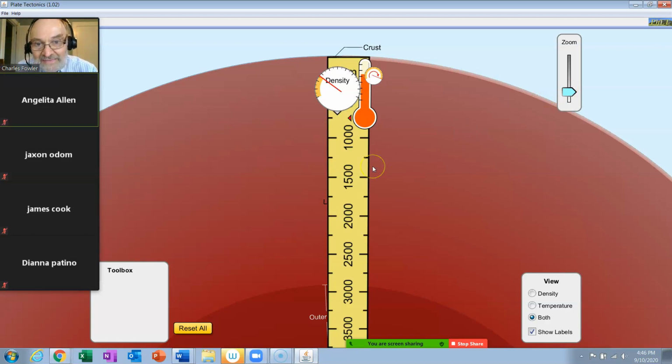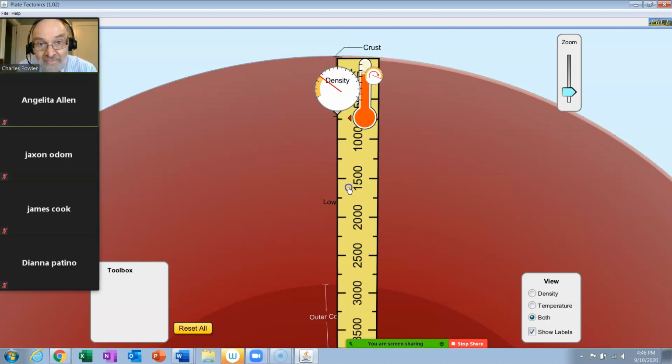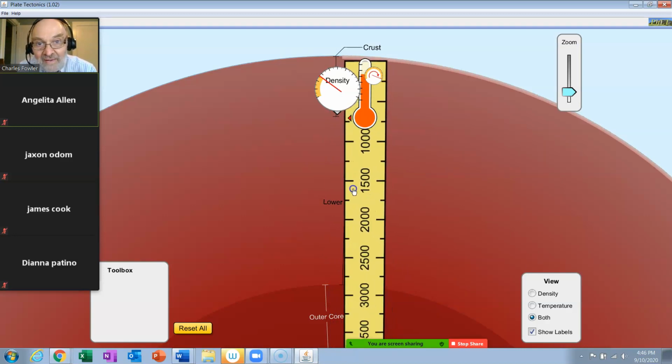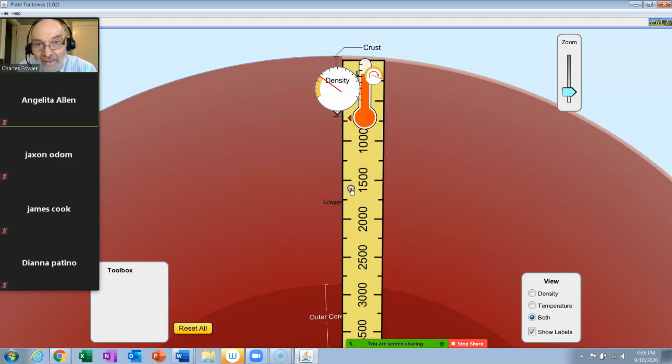Now, what do we do next? Record the distance from the crust to the outer core. Okay. So I'm going to try to do that right here, bottom of the continental crust. And I would say this is in kilometers. That's 2,500.